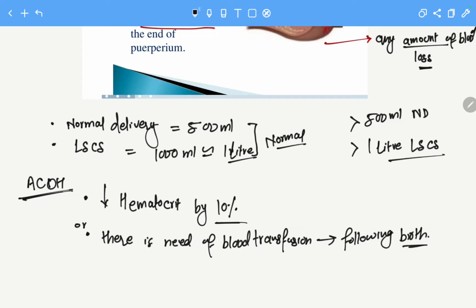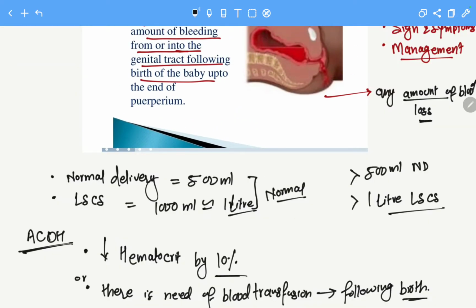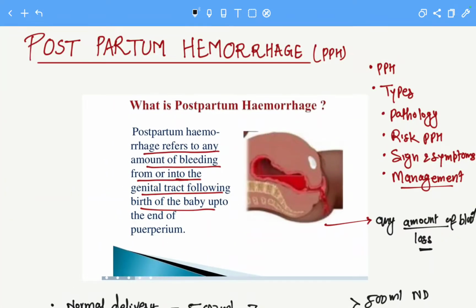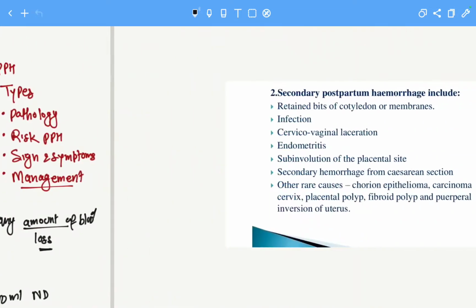This is known as PPH, right? The first thing that we need to remember is blood loss more than 500 ml in case of normal delivery, and in case of LSCS, blood loss more than 1 liter, or according to ACOG, a decrease in hematocrit by 10%, or a need of blood transfusion. This is known as PPH, okay?